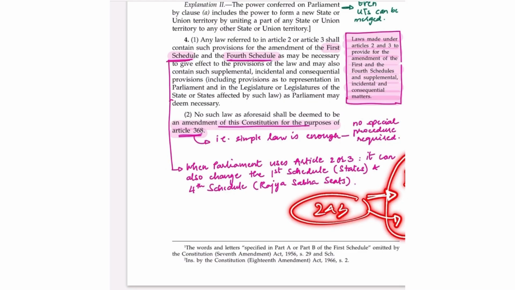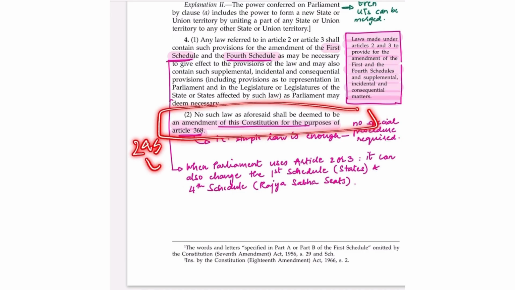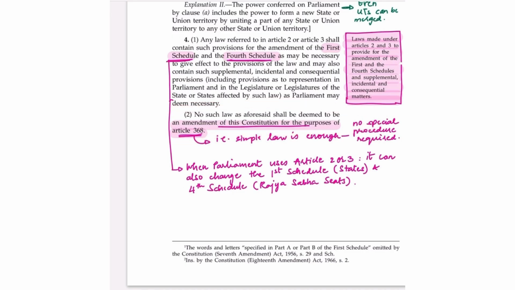So that also can be changed. But the clause 2 is very important. Article 4 clause 2 says that all the above changes that are done with respect to article 2 and article 3 are for the purpose of simple law. Okay, so no special procedure required.